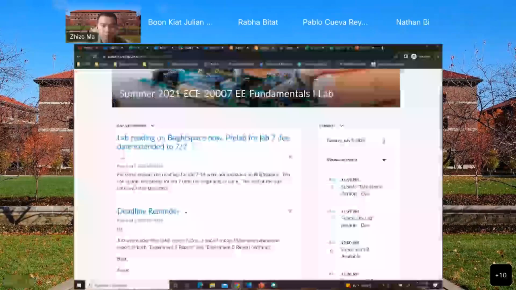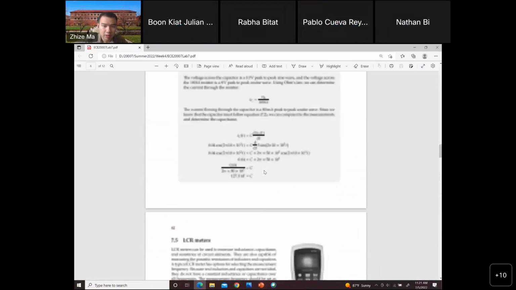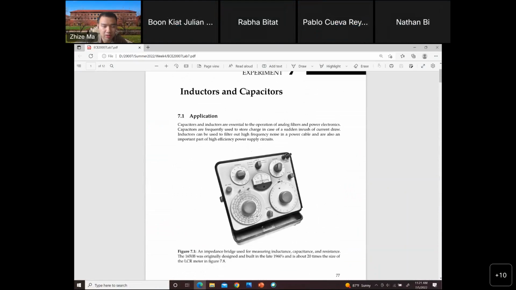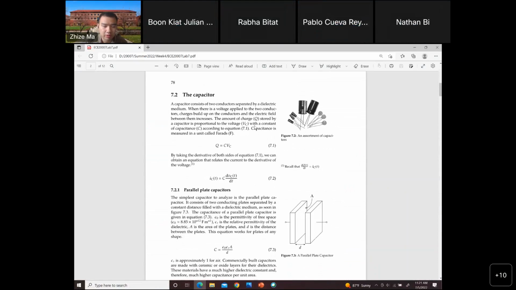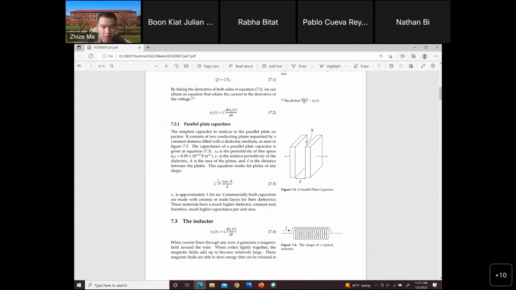Okay, now let's talk about Lab 7. Lab 7 is inductors and capacitors. First of all, the capacitor. Basically, if you put two metal plates together with some insulator in between, that's a capacitor. Here is the physical equation for the capacitor.